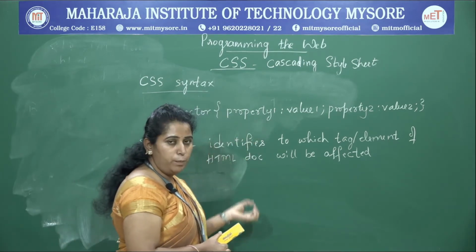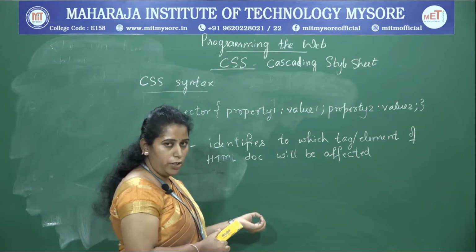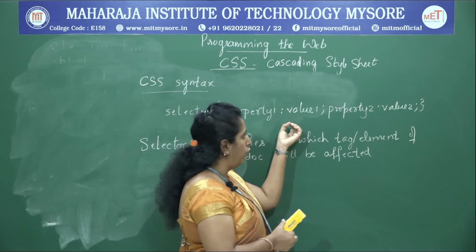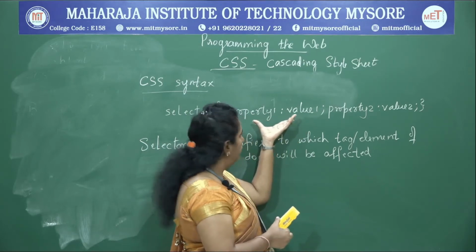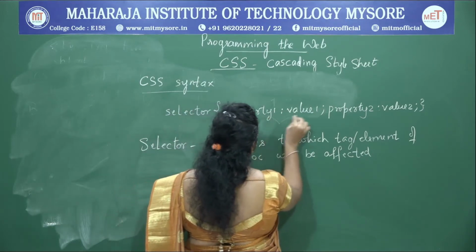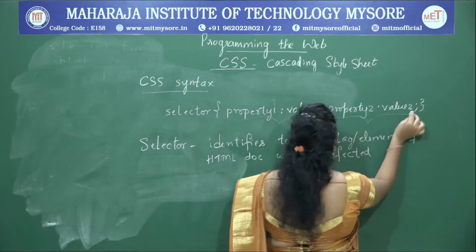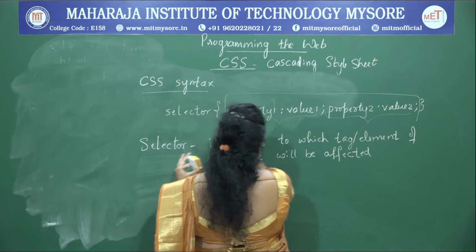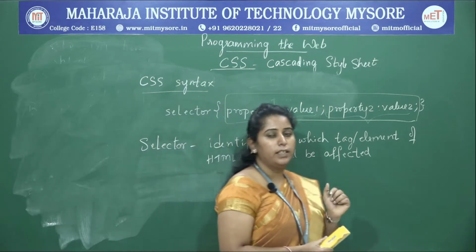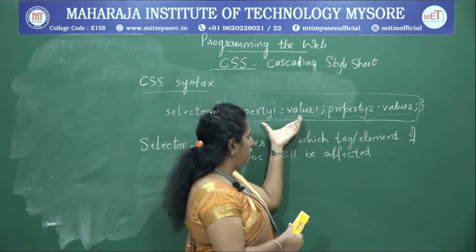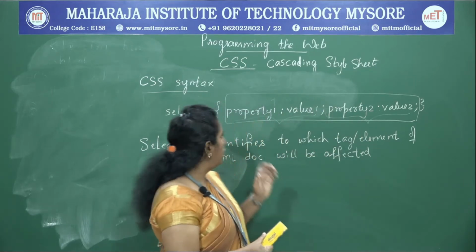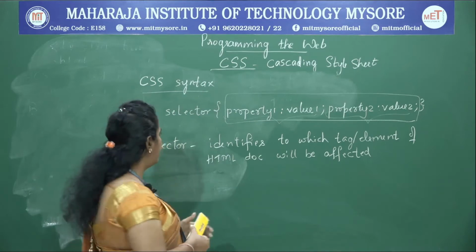There are different properties, I will list them out shortly, and each property should be assigned a valid value. Each of these is called one declaration, this is the second declaration, and overall this makes a declaration block. Each property should be assigned a value, and each declaration is separated by a semicolon. This is an example of CSS syntax.